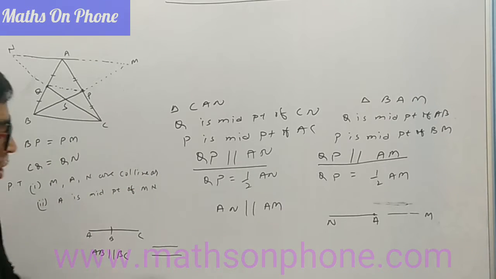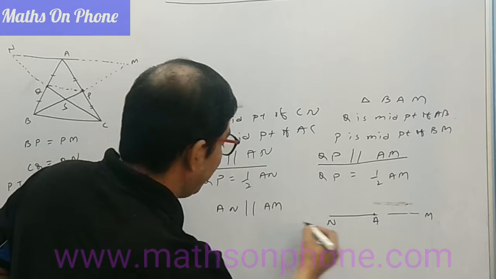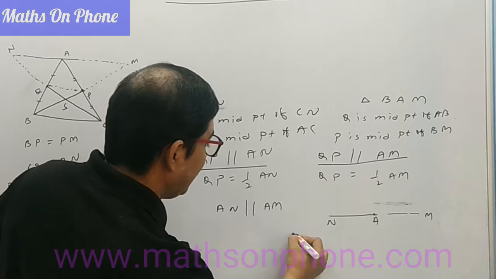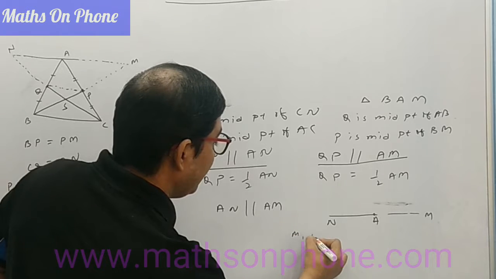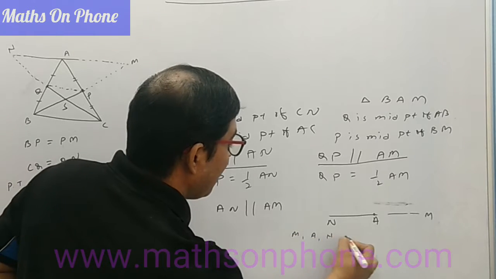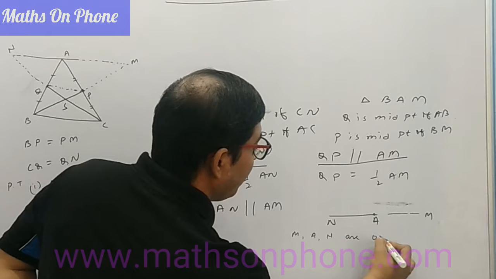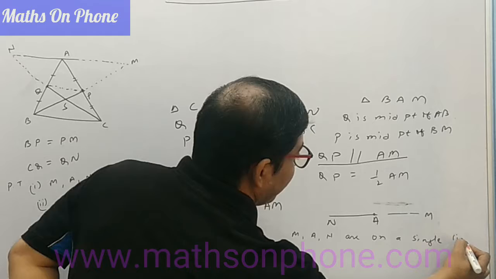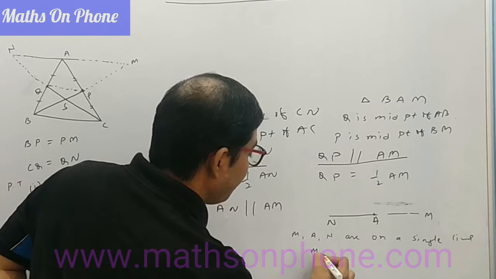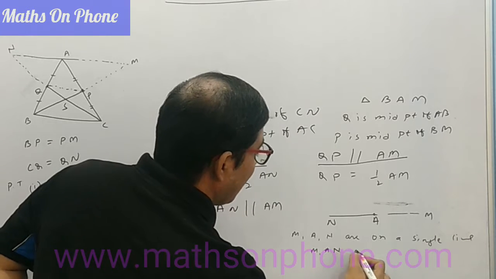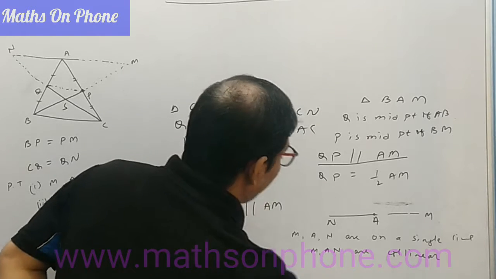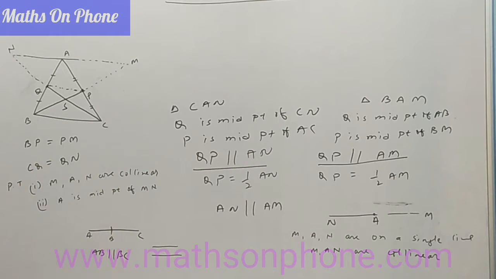So we can say that AN is parallel to AM. That implies that M, A and N are on a single line. That means M, A and N are collinear. That we proved, the first thing we needed to prove.